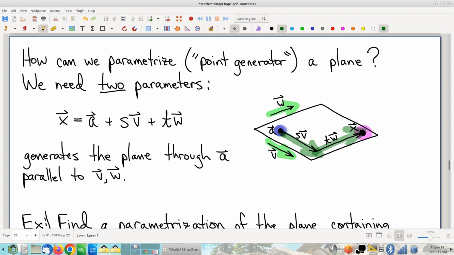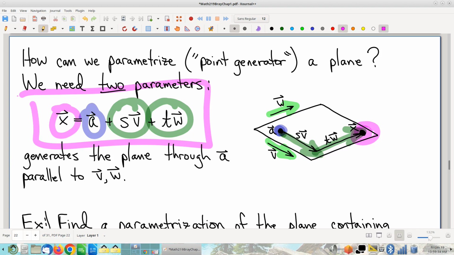Just choosing my S and T cleverly, I can get to any point in this plane. The big idea is you start with the point you're given, go as far as you need in the one direction, as far as you need in the other direction, and that will get you to any point you want to get to.